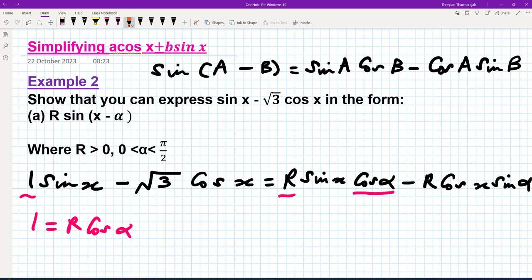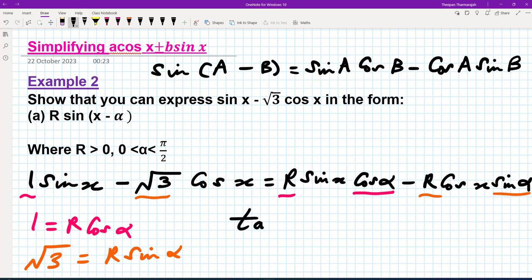And be careful, because you've got a minus here and a minus on the other side, we can say that root 3 is exactly the same as r sine alpha. So from there, it follows that tan alpha is sine alpha over cos alpha, and the r's cancel.